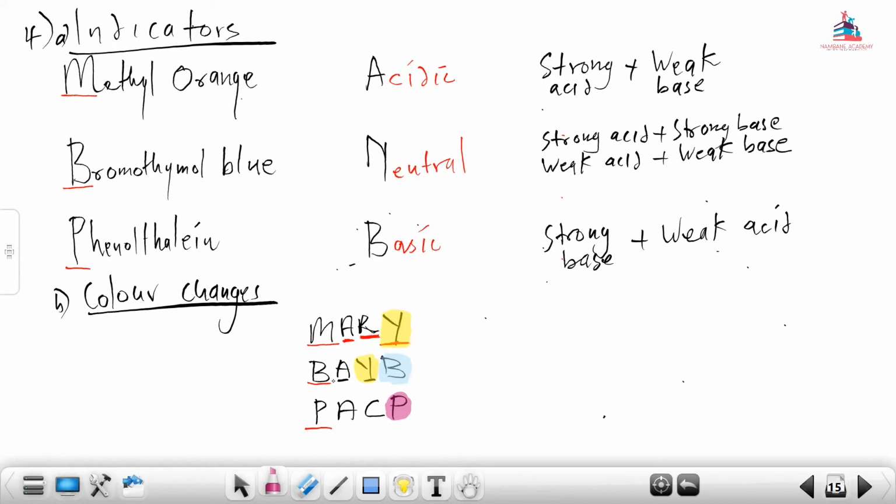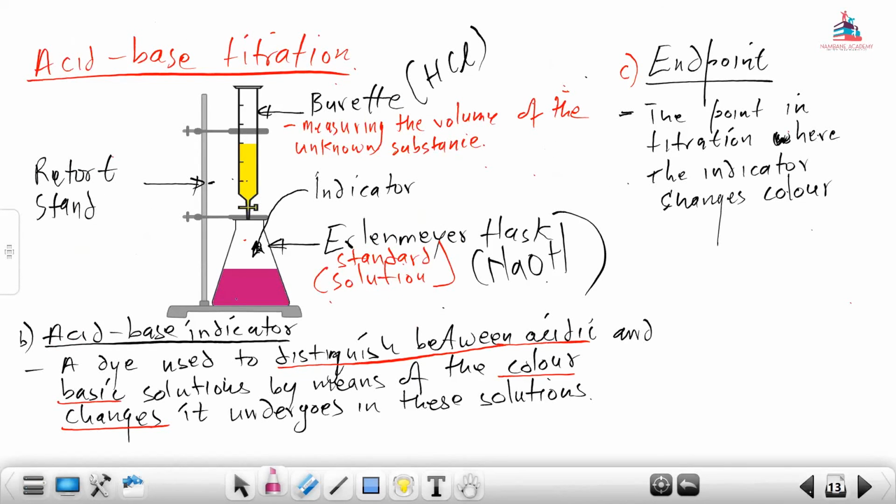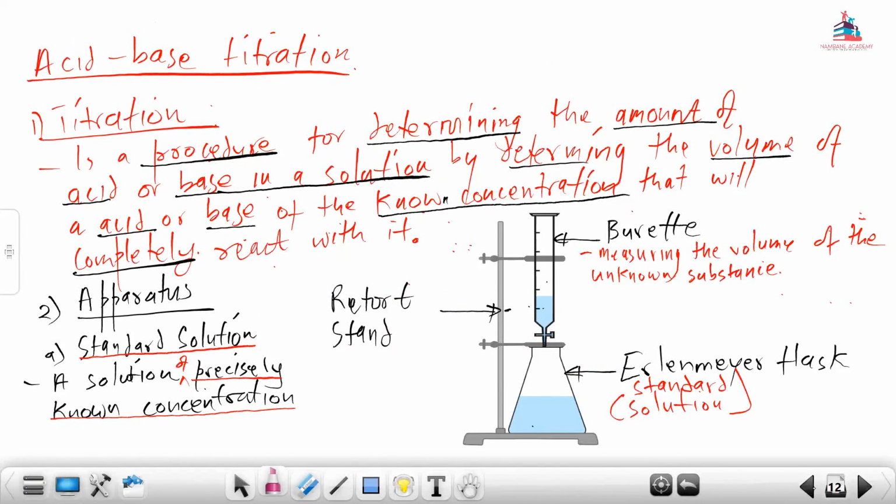So moving forward, we started here saying this is an experiment that we want to perform. If you are going to perform this experiment, remember we said we wanted to determine the amount of an acid or a base in a solution by determining the volume.